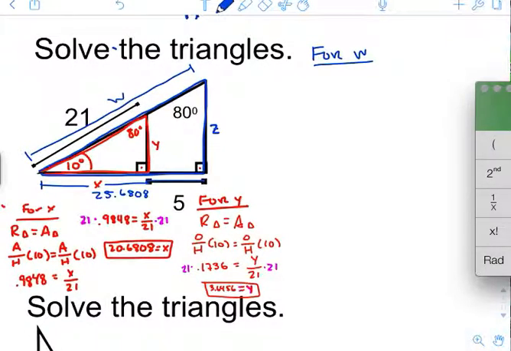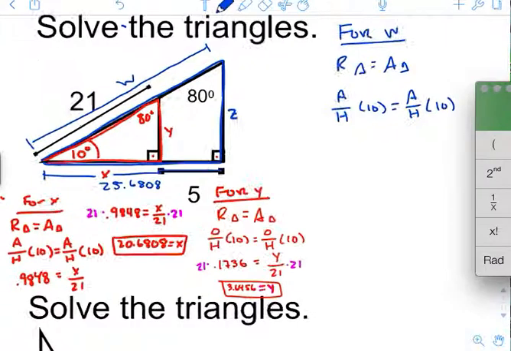For w, I need to pick a reference angle. So reference triangle is equal to actual triangle. I'm going to use 10 degrees again. I have the full bottom, which is my adjacent. I want to find w, which is the hypotenuse. So adjacent over hypotenuse for 10 degrees seems appropriate. Now, I actually have that value right here.